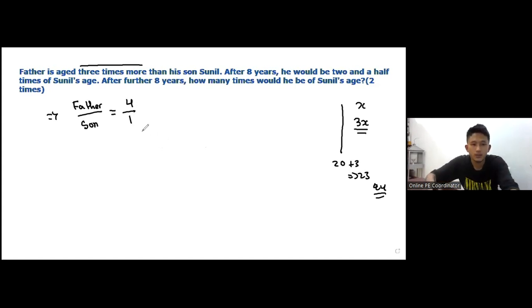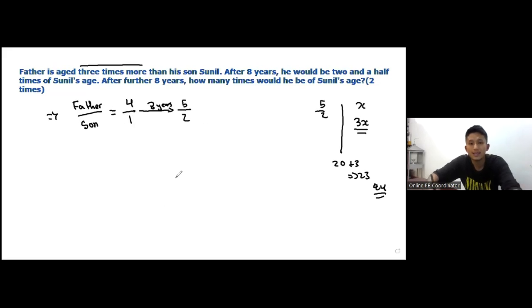So 4:1. After 8 years, he will be 2.5 times Sunil's age. Now, after 8 years, 2.5 times is 5/2. So after 8 years the ratio is 5/2.